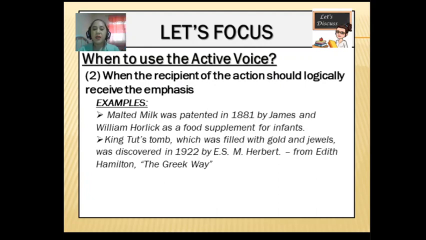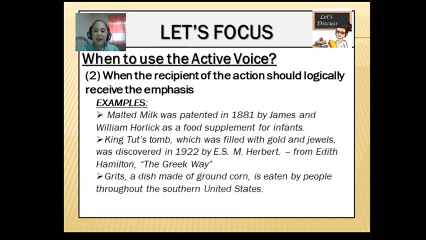Next is King Tut's tomb, which was filled with gold and jewels, was discovered in 1922 by E.S.M. Herbert. So we're not emphasizing here who discovered King Tut's tomb, or Mr. Herbert, but we are emphasizing that King Tut's tomb was filled with gold and jewels.